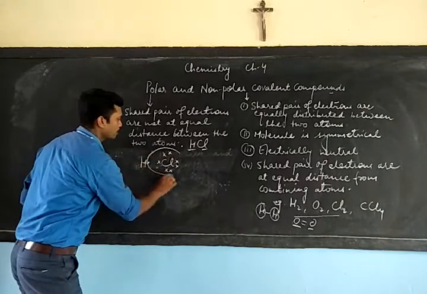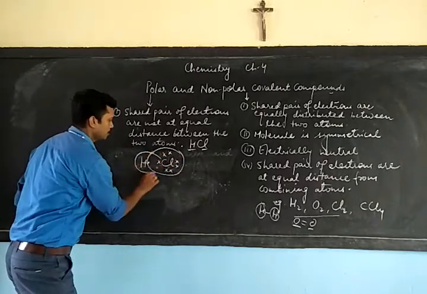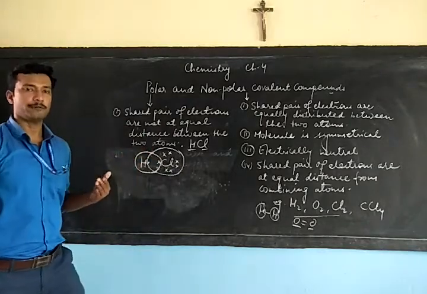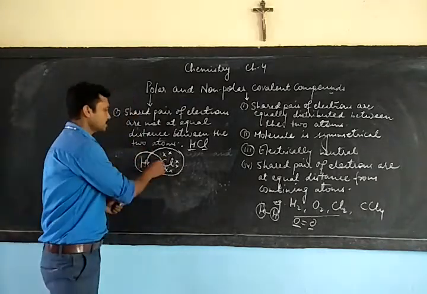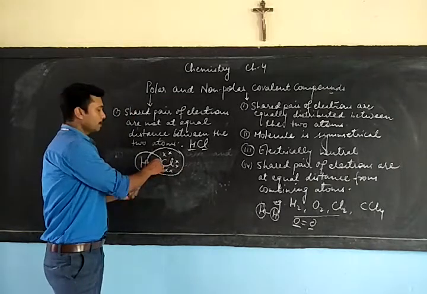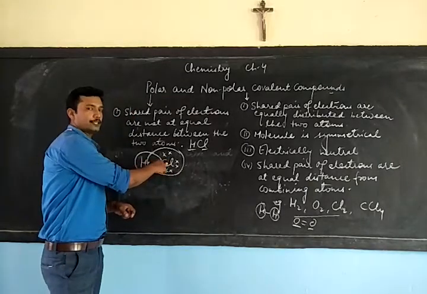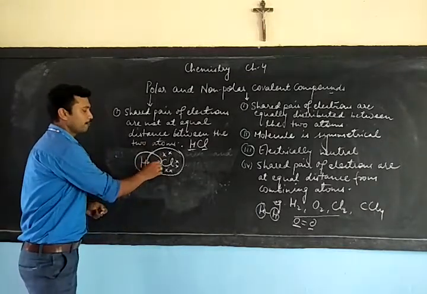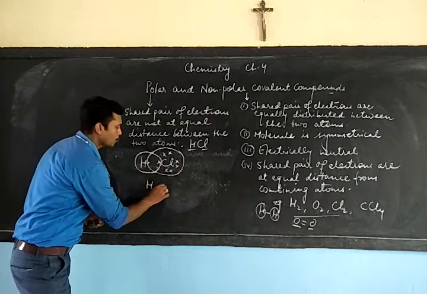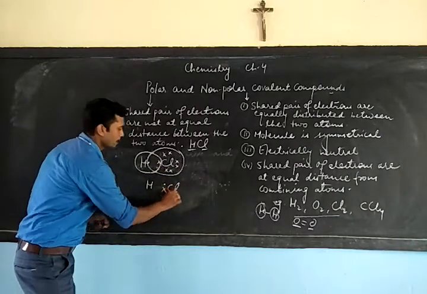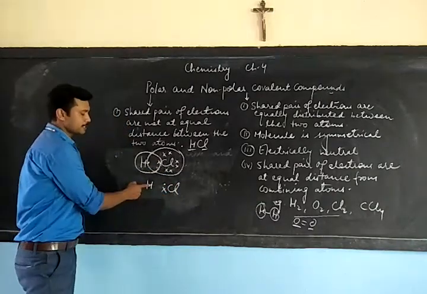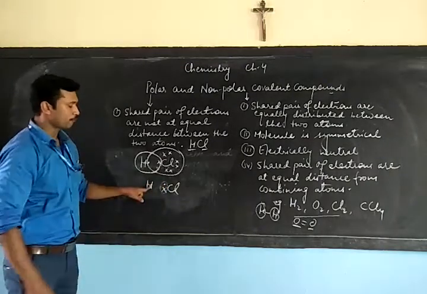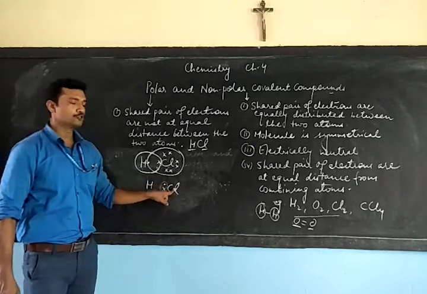When we draw the electron dot structure, we find hydrogen and chlorine are both attaining stability, and this is the shared pair of electrons. Now because chlorine has more tendency to attract the electrons towards itself, the shared pair of electrons will be closer to the chlorine atom. You can see the distance. Here you find the shared pair of electrons is far from hydrogen but very close to the chlorine atom.